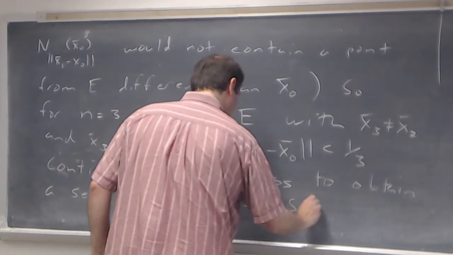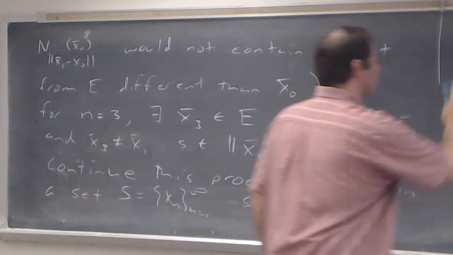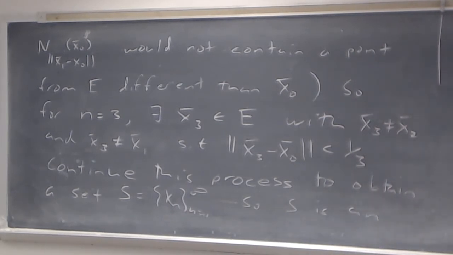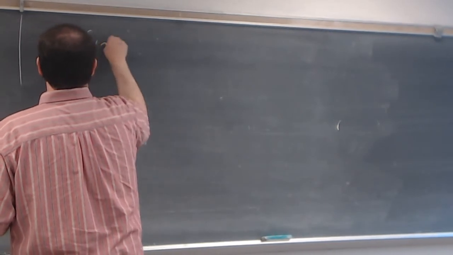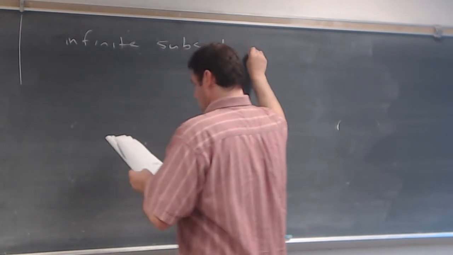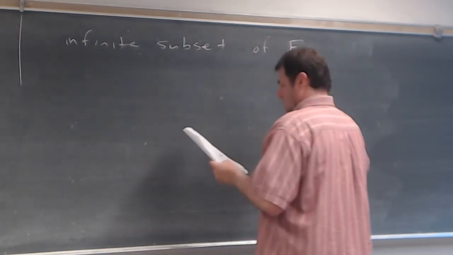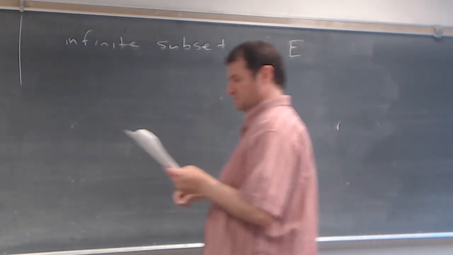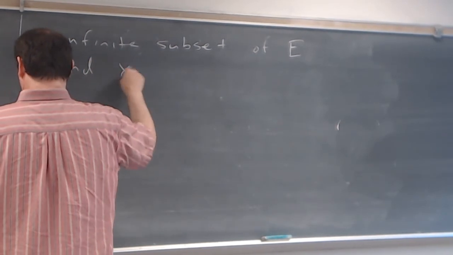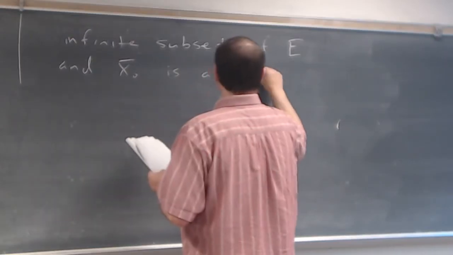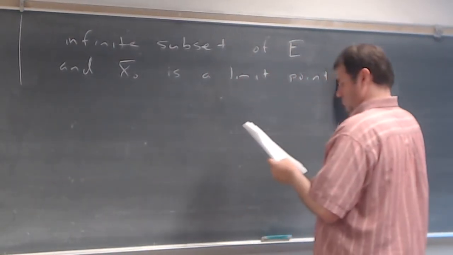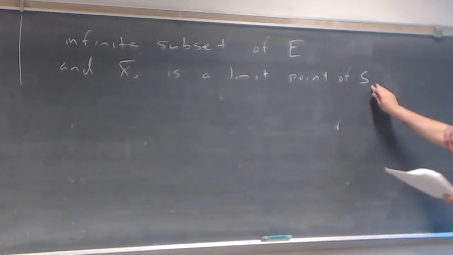So this S is an infinite subset of E, and x sub naught is a limit point of the script S, or of S, I should say.